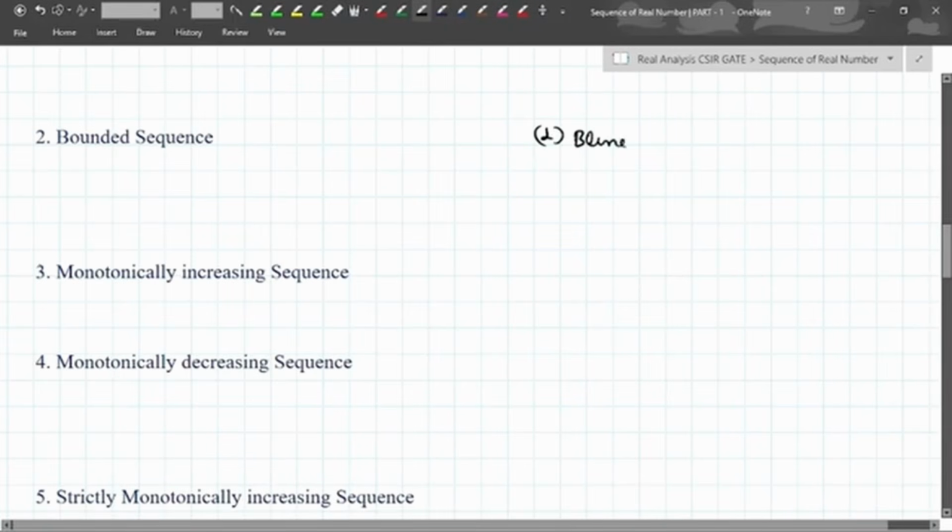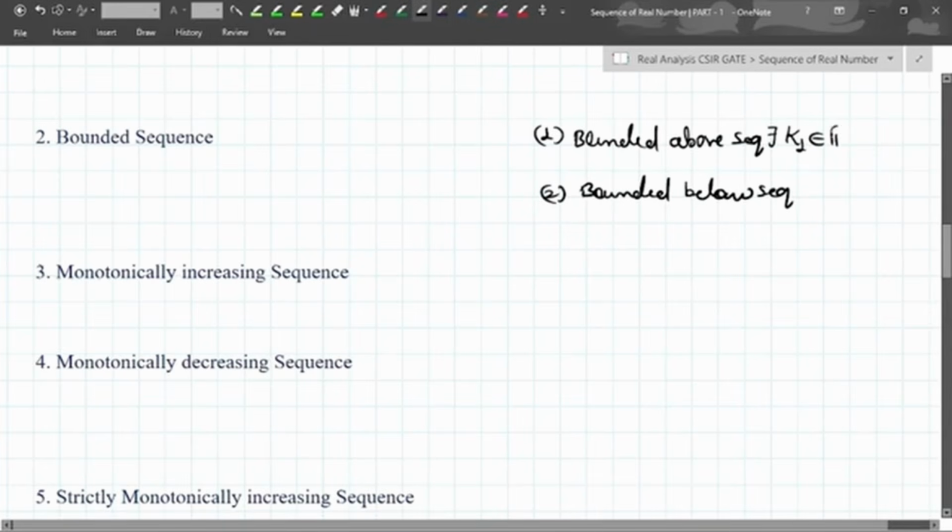First I will explain bounded above sequence, and then bounded below sequence. Bounded above sequence means that, for example, there exists a k belonging to the real numbers such that each and every element will be less than or equal to that k.